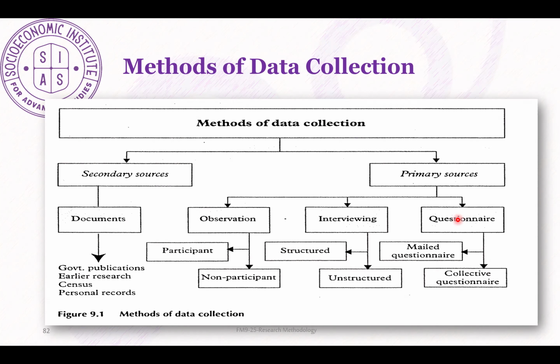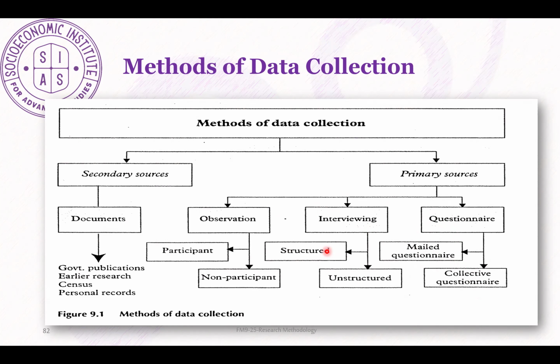The questionnaire is usually mailed or collected directly, or it can be through interviews, which can be structured or unstructured, which we'll talk about later. It means that either we go for specific questions, which the interview follows, or unstructured, where we keep it open so that we can collect more data through discussion.